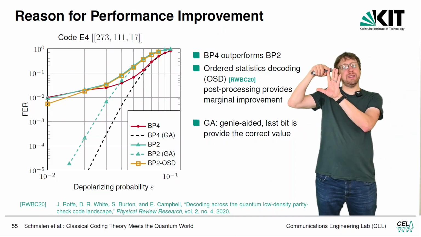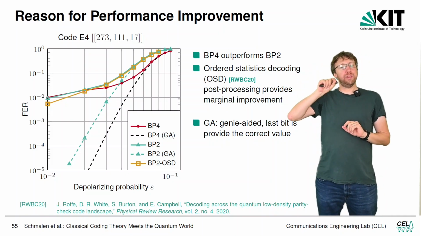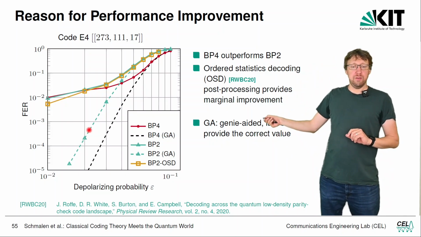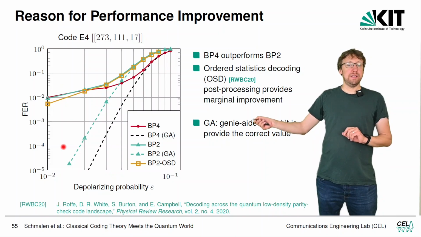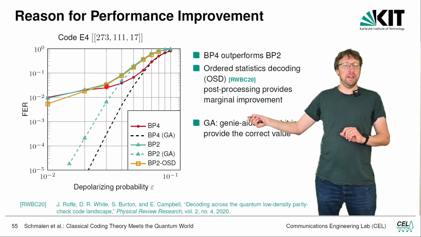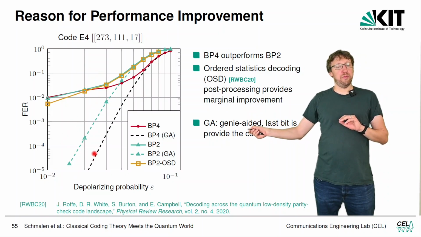We don't know the last position. If you now have a genie that tells you the value of the last position, then you can see that you can get rid of this error floor. Then the error rate drops. And this is because this error floor is due to the short cycles of length 4.